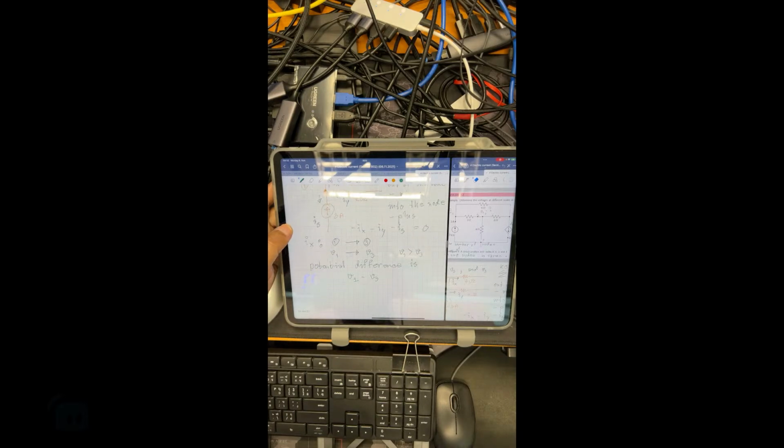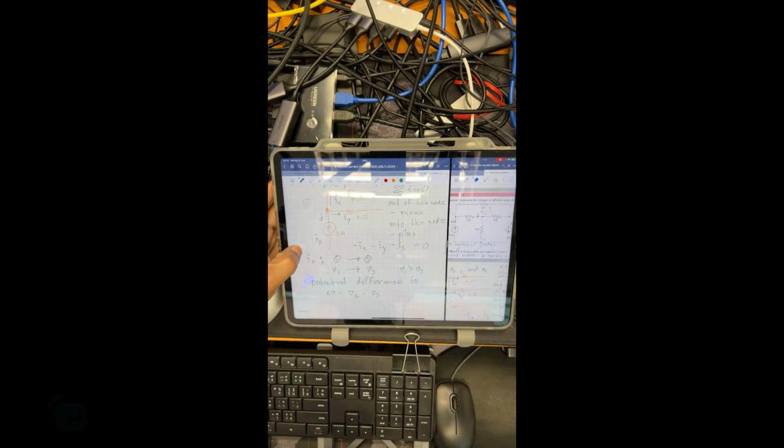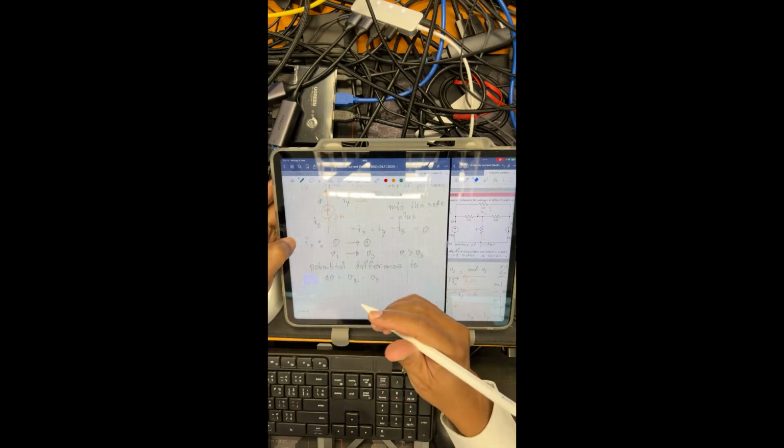So it means that delta V is V1 minus V3 at the Ix branch, okay?